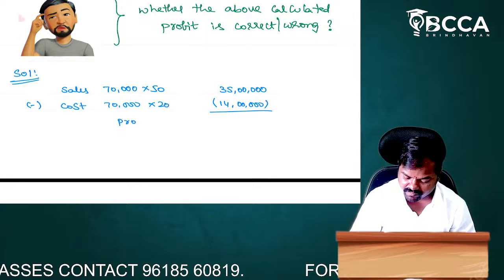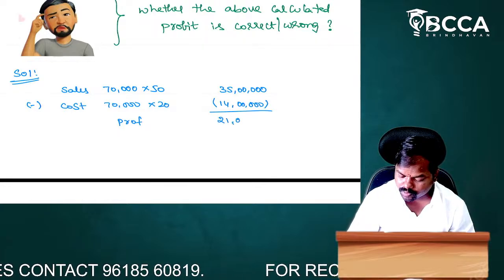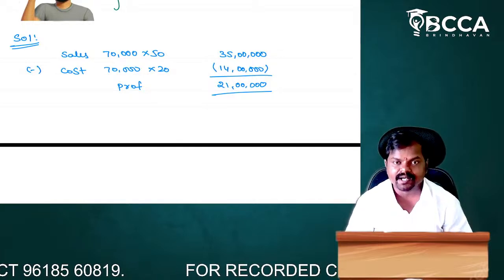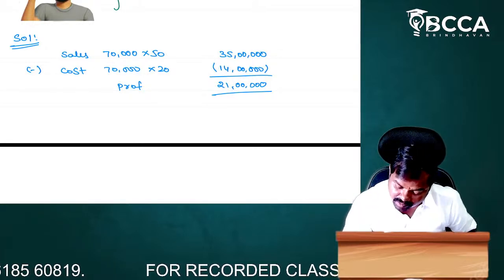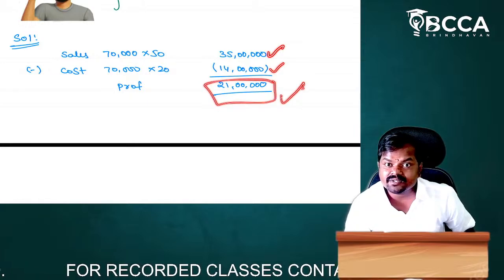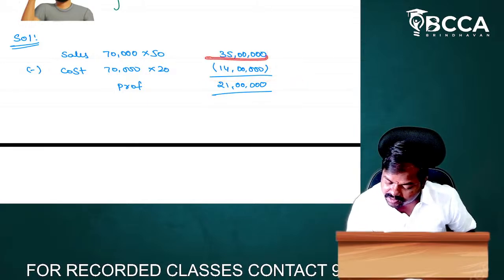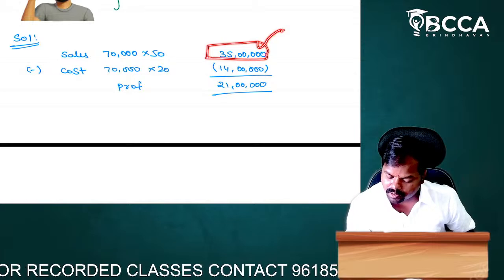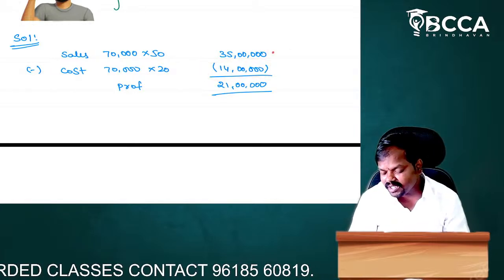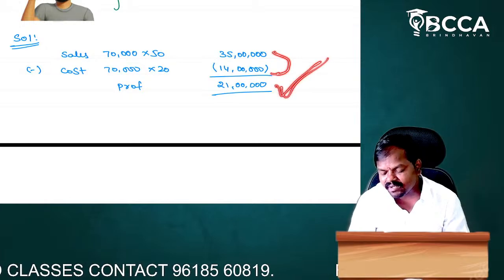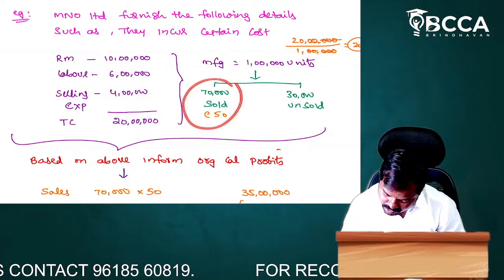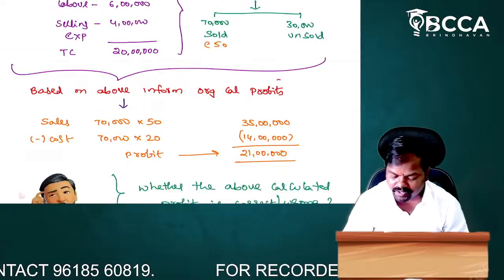Result, profit is equal to 21 lakhs. The question is whether this calculation is correct or wrong. Very simple. If these two values are correct, obviously the profit value is correct. We will check: 70,000 units they sold, yes. For how much? 50 rupees each.